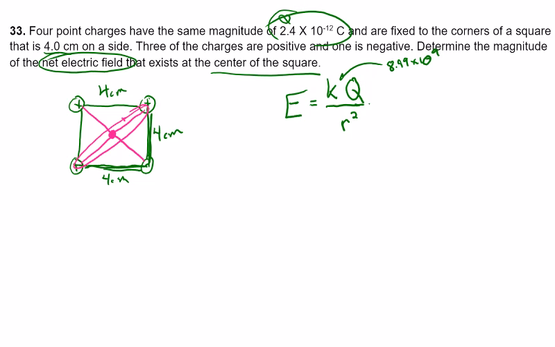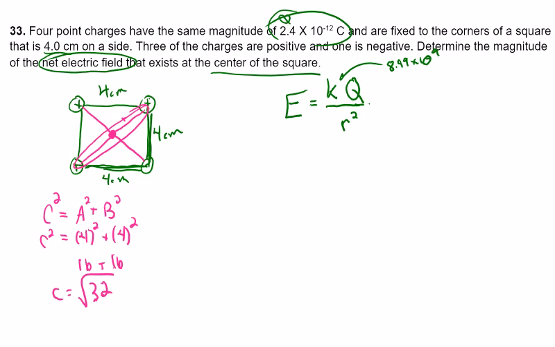In other words, if I want to find that hypotenuse, c squared equals a squared plus b squared, where these two are the same. So this is 4 squared plus 4 squared, and then that's c squared, where c is the entire distance across. So this can be 16 plus 16, or 32. So it's going to be the square root of 32 for c. And then remember that r is going to be half of that. So r would be the square root of 32 over 2.